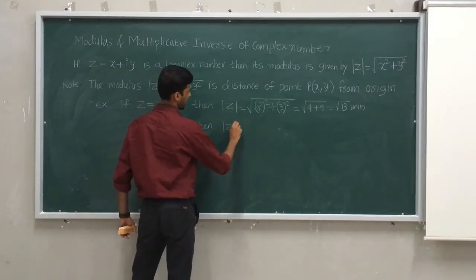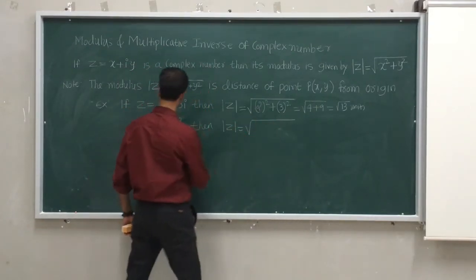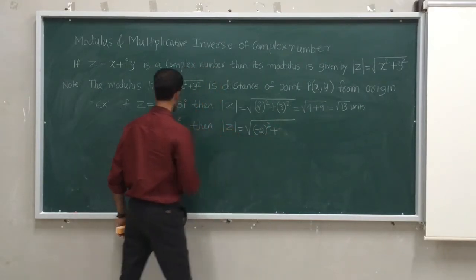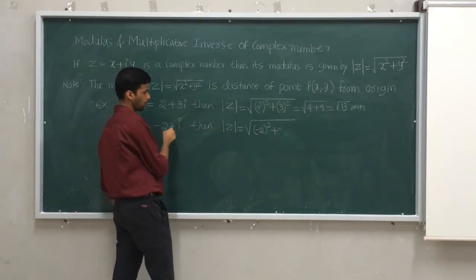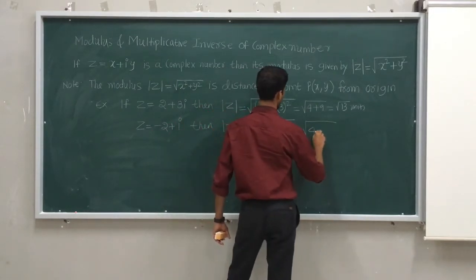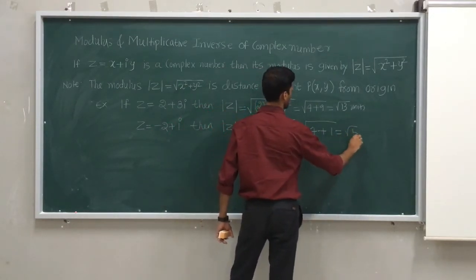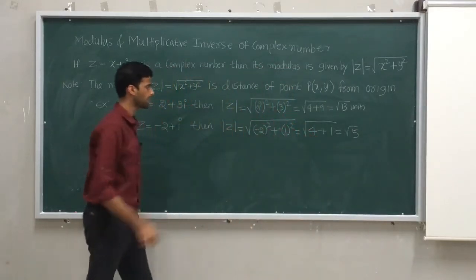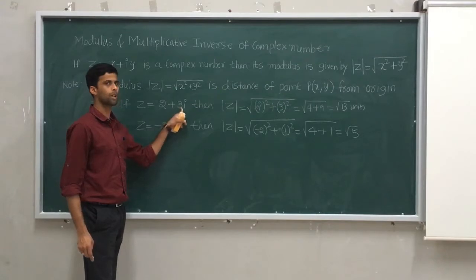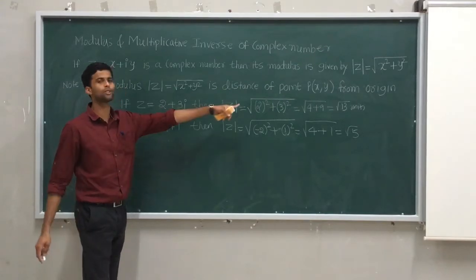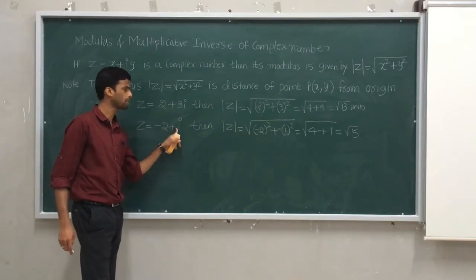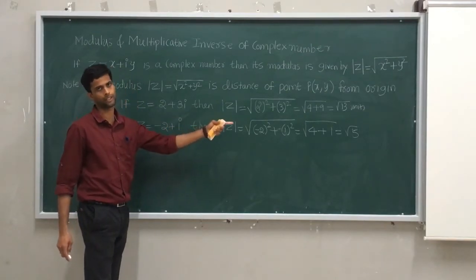It is the square root of, real part is minus 2, therefore minus 2 square, plus what is the coefficient of i? 1. It is 1 square. When you square, it is 4 plus 1, root 5. What it indicates is that in the first question the distance of 2, 3 from the origin in the complex plane is root 13 units. The distance of minus 2, 1 from the origin is root 5 units.